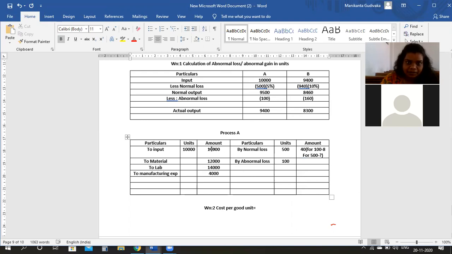Please tell me the total of the debit side. 10,000 plus 12,000 is 22,000, plus 14,000 is 36,000, plus 4,000 is 40,000, correct? Now 40,000 minus 40 divided by, what is your normal output? 9,500.